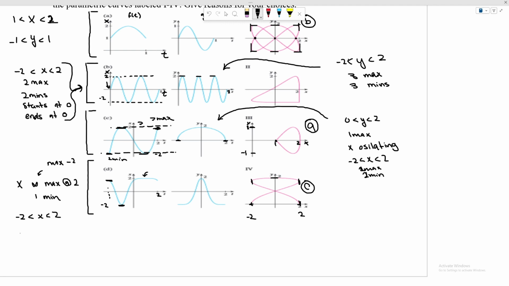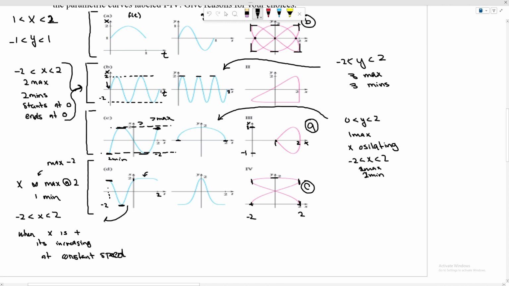Okay, when x is positive, so you see it's increasing at a constant speed, right? And so when x is positive, it increases at constant speed. And so that's our characteristics for x here.